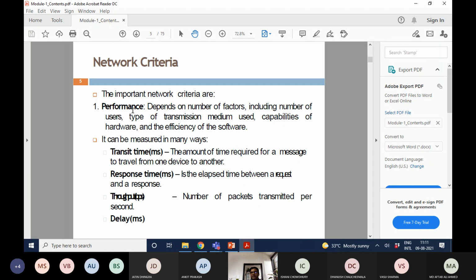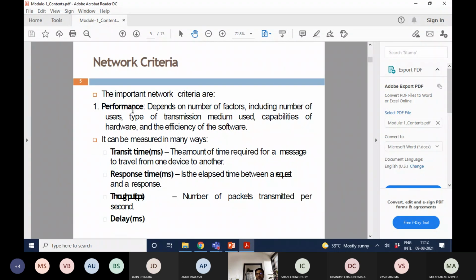It depends on a number of factors, including the number of users, the types of transmission medium used, and the capabilities of the hardware, how capable that hardware is, which we have to know. Then the efficiency of the software we are using. These are the factors on which the performance of the network depends, and it can be measured in many ways.